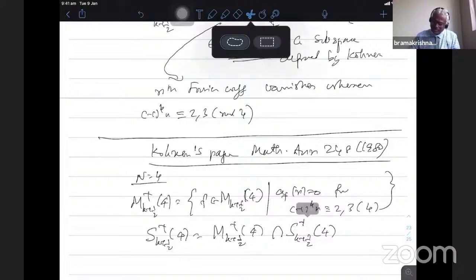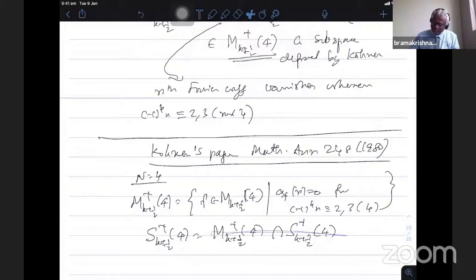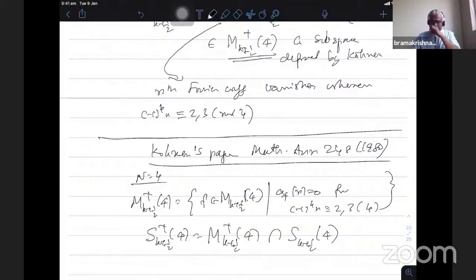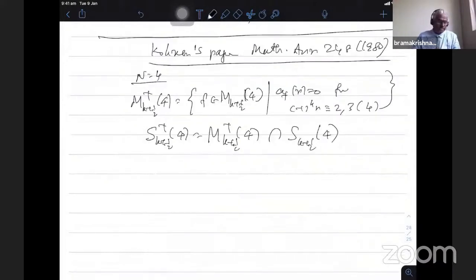I should rewrite it again, that's better. Now it will cut. This is too much, no? So M_{k+1/2}^+(4) intersection. I have to be careful before writing. I should not hurry up. Okay, so we intersect with the cusp forms with this one, and then we kill this plus space.